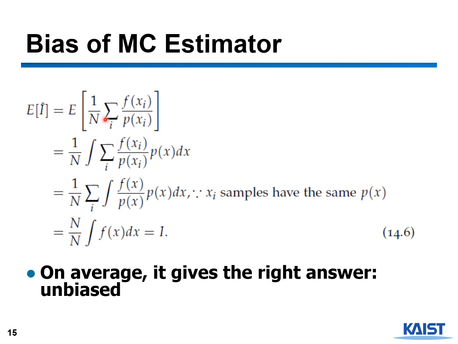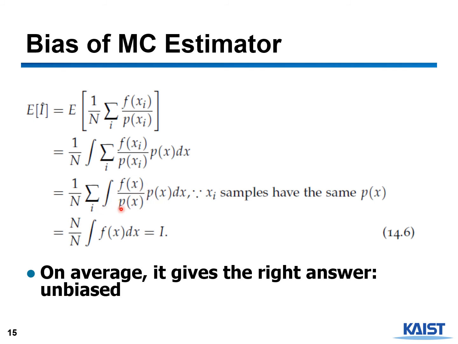The 1 over n can be taken out of this average, and then the average becomes an integration, and again the summation can be taken out of this integration. This assumes that the xi samples have the same sampling probability p of x. So we replace xi with x, and then we can cancel p of x.